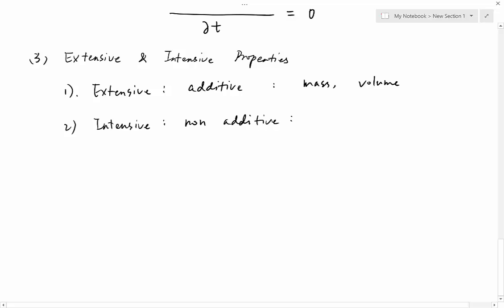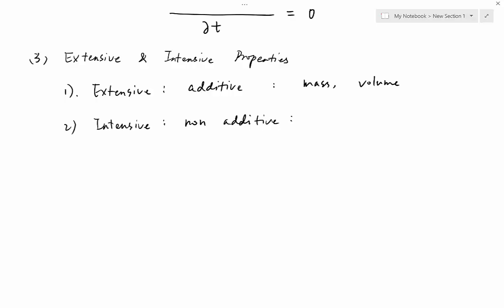Let's think of two examples for intensive properties where you cannot perform addition. What kind of property cannot be added? What about temperature? So for example, you have object A, which is at a temperature of 100 Celsius, and then you have object B, which is also at 100 Celsius. And now you put those two objects together. What will be the new temperature?